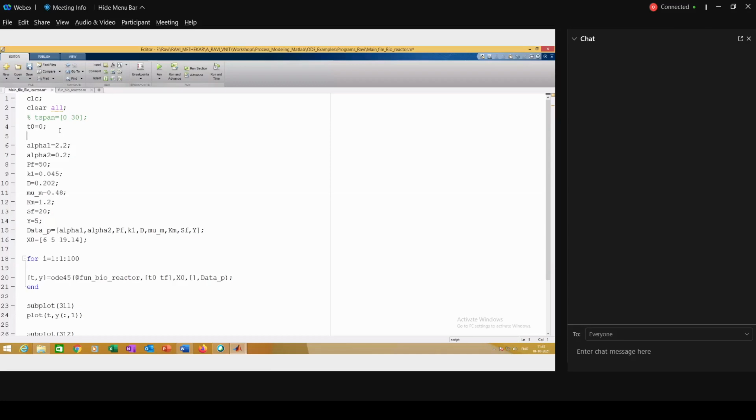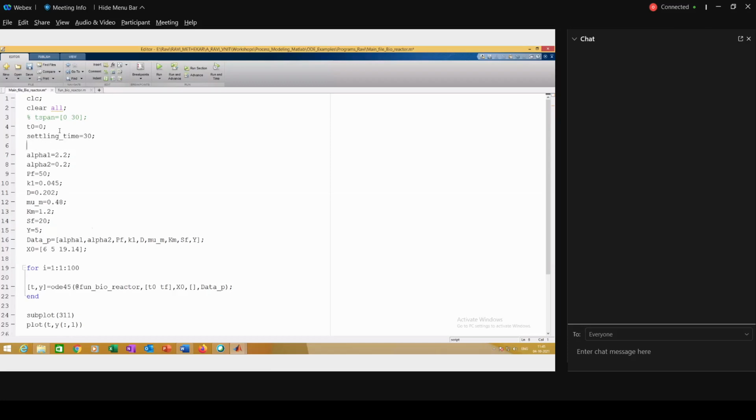So what is my sampling time? Here I will use this information crudely at this point of time. I am writing settling time, because I know the settling time is 30 units of time. Then I have the time constant, which is settling time divided by 5.